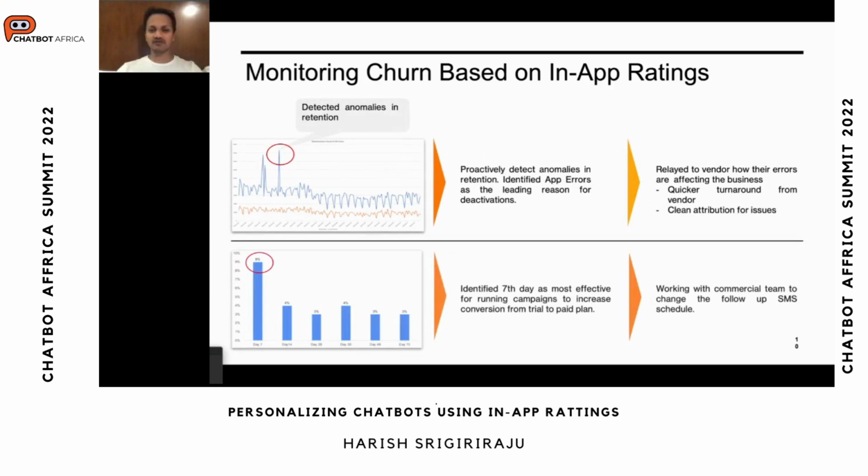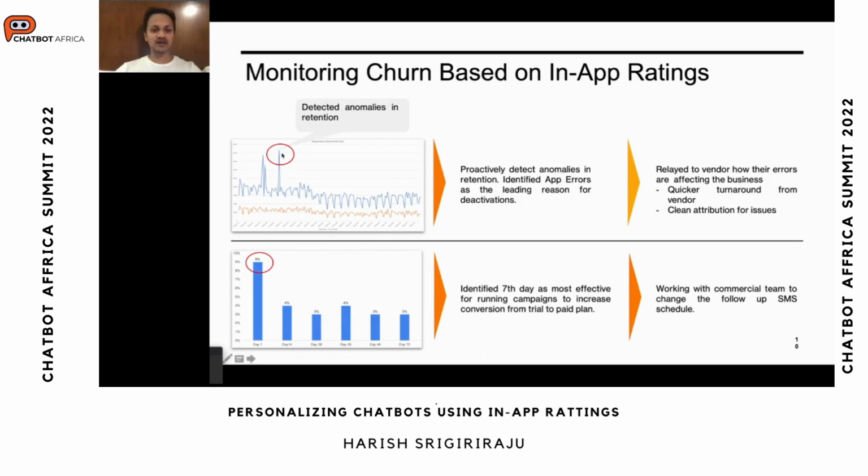But before that, a few other areas where analysis can be done, where chatbot rating and churn can be taken together and analyzed. So for example, here I see there's a big spike in churn. Once there's a big spike in churn, you're trying to understand if there were any issues with the chatbot, let's say on that particular day.